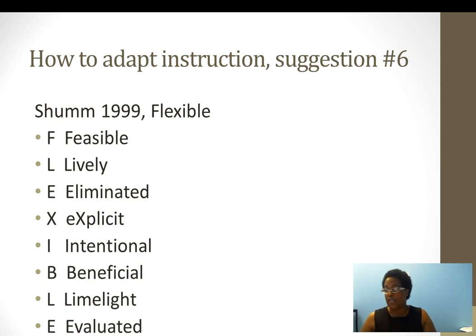From here, we're going to pause because this is an introduction to what we will be talking about in the coming session. We're going to look at how differentiation and adaptations are a little different.